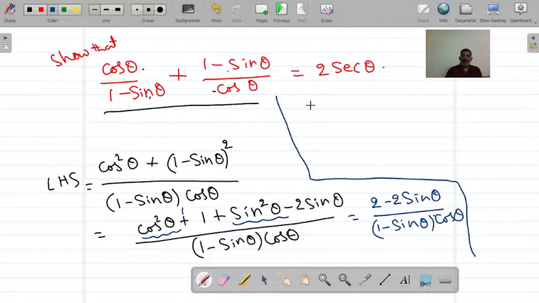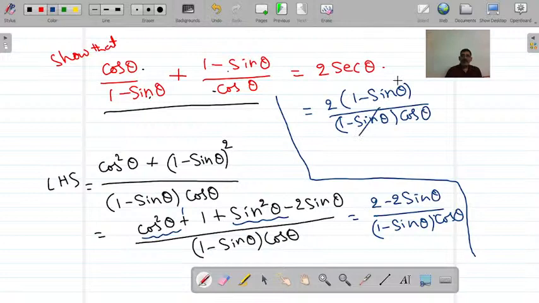Now you can take 2 common in the numerator. So 2 times (1 minus sine theta) by (1 minus sine theta) into cos theta. 1 minus sine theta divides one time, so I obtained 2 into 1 by cos theta. But what is the reciprocal of cos? It is secant. So I can say it is 2 secant theta, which is your right hand side.